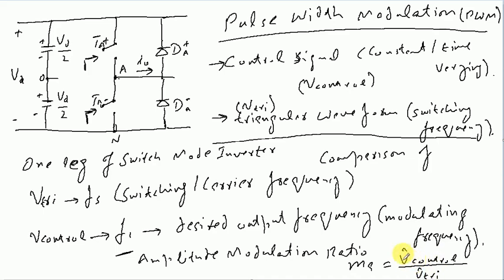Here this V control is the peak amplitude of the control signal, while this one with a hat sign is the peak amplitude of the triangular signal. Here you can see that we had represented the triangular signal with V with a subscript tri, and the control or desired output frequency signal with V control. So the ratio of these two is termed as the amplitude modulation ratio.